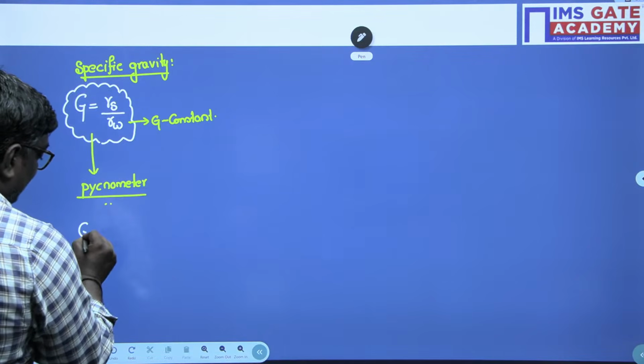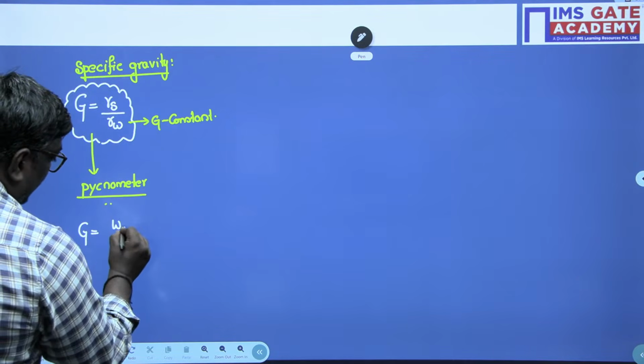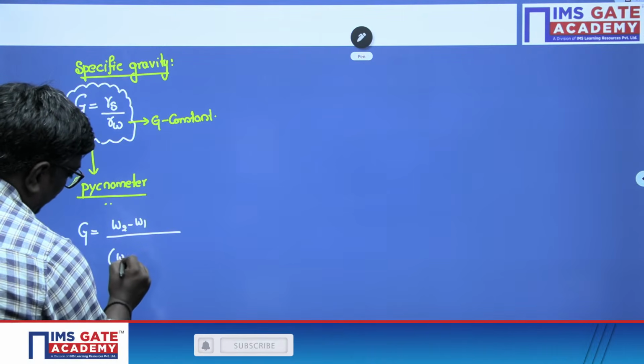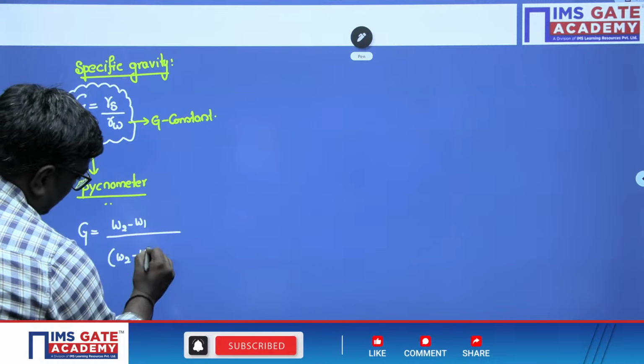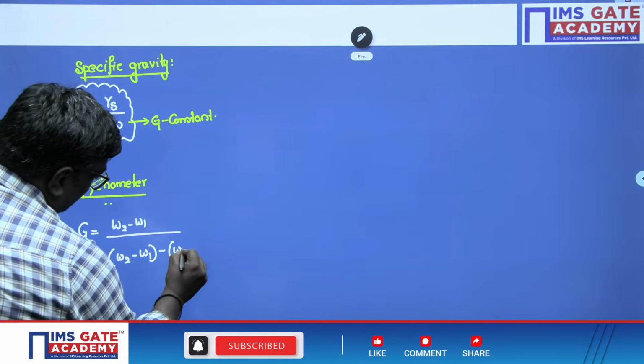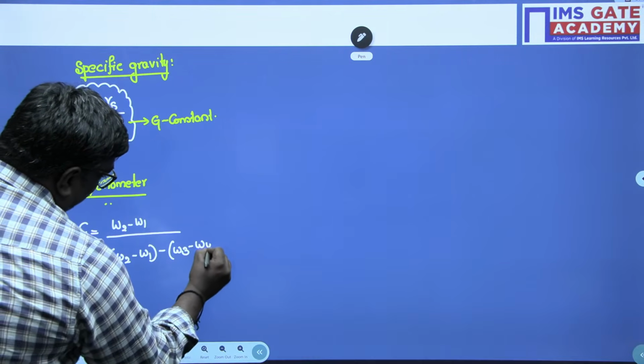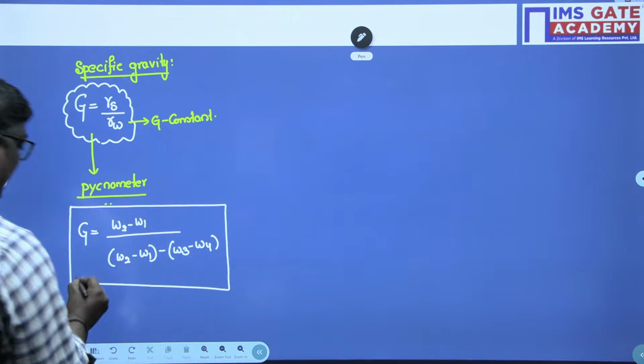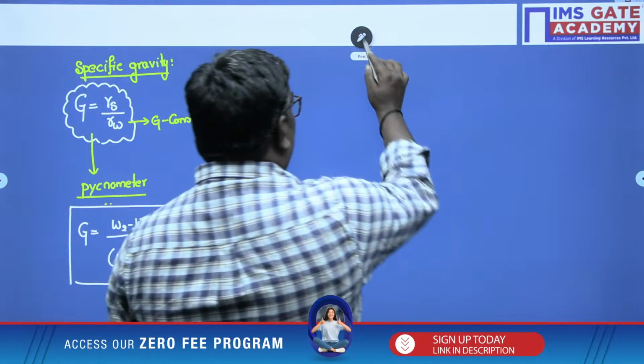Now, specific gravity is given by the formula (W2 minus W1) upon (W2 minus W1) minus (W3 minus W4). So this is how you determine the specific gravity. Now you can ask me what is W1, W2, W3.